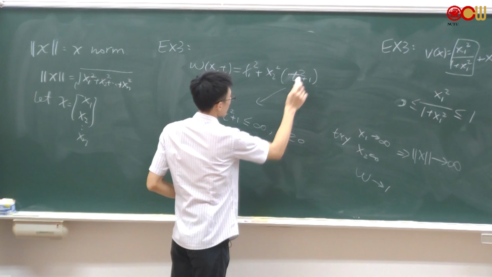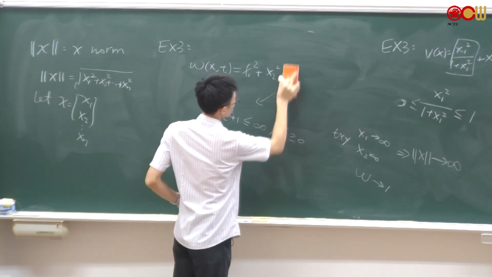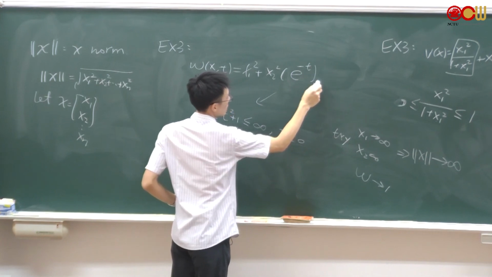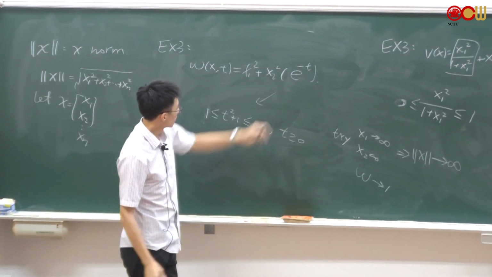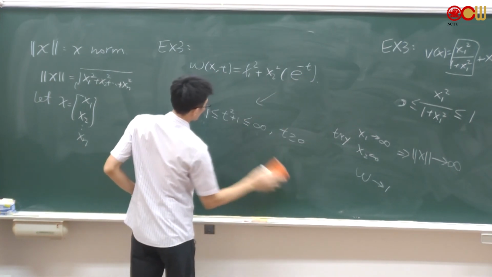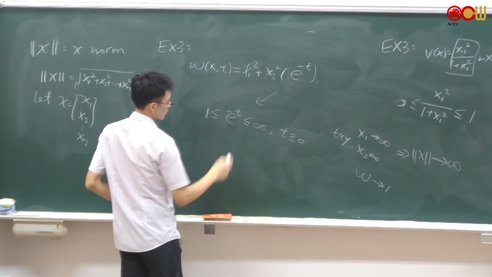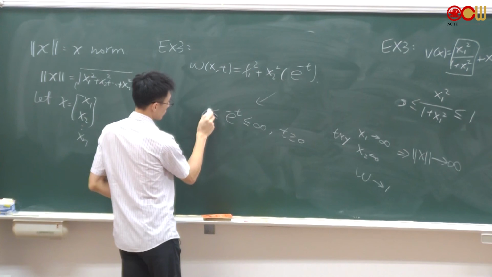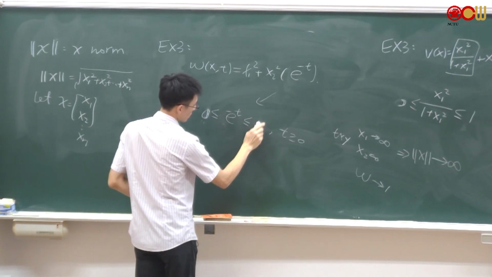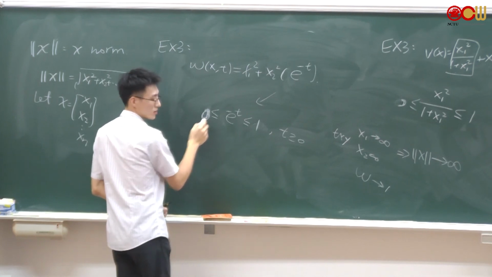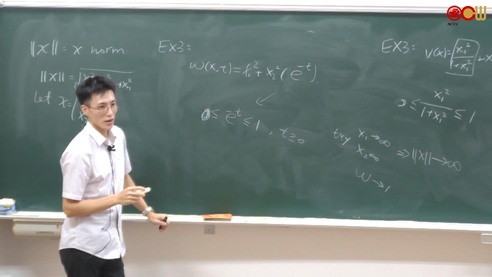But if this term is exponential minus t, what's the lower bound? 0. The upper bound is 1. And this 0 could be dangerous, right?